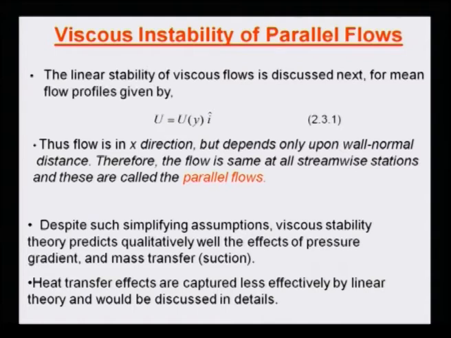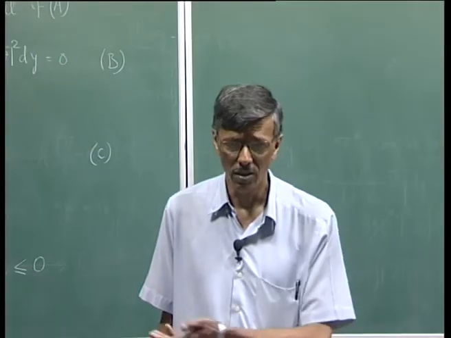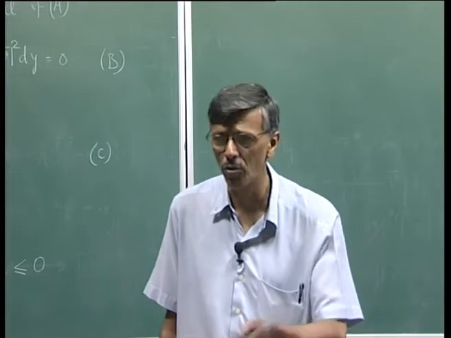I would depart from what most of the books write. They say that it captures effectively. I disagree with that based on some of the work that we have been doing in recent times. One of our students just defended his thesis, where we see that the moment we add heat transfer, linear stability theory has some insurmountable difficulties, depending on the flow configuration.